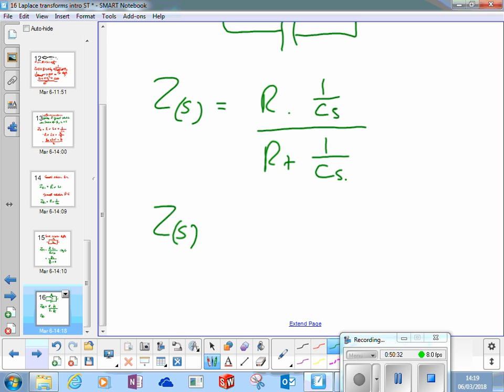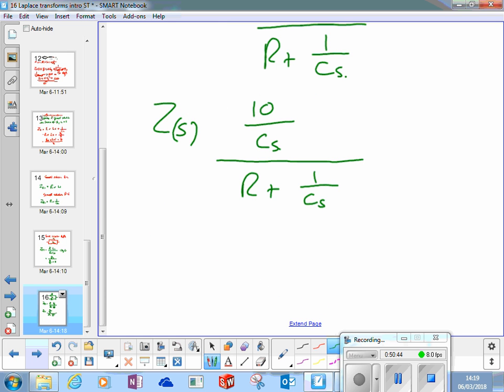Simplified the numerator. That number R was 10, so I wrote it as 10 over CS all over that bit.